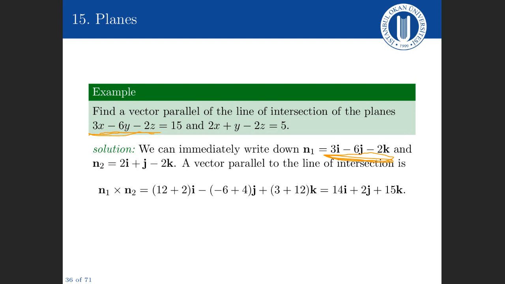On the second plane, our numbers are 2, 1, minus 2. So our second normal vector is 2i plus j minus 2k. The answer to this question, a vector which is parallel to the line of intersection, we're going to take n1 cross n2. And I'm going to leave it for you to check that when we cross these two vectors, we get 14i plus 2j plus 15k.